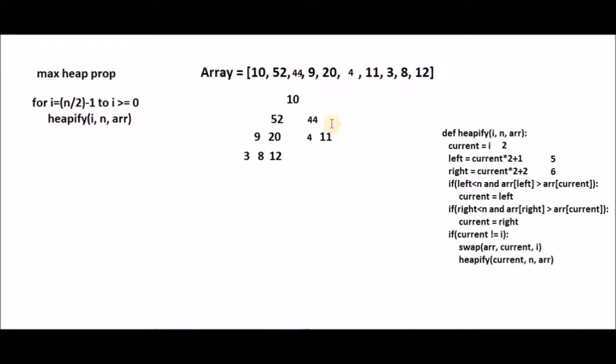So now what we do is we go iteratively to the next one. So my current is now 5, so I pass in 5, n is as it is 10, and array. So now I recursively call Heapify, and I is going to be 5. So I get rid of this. This here is 5.